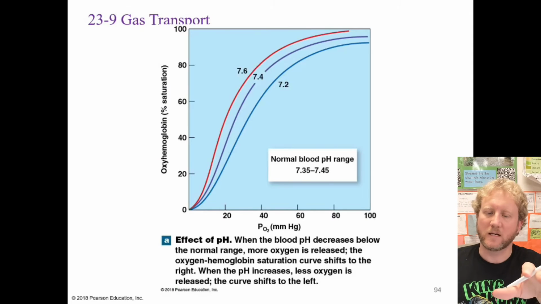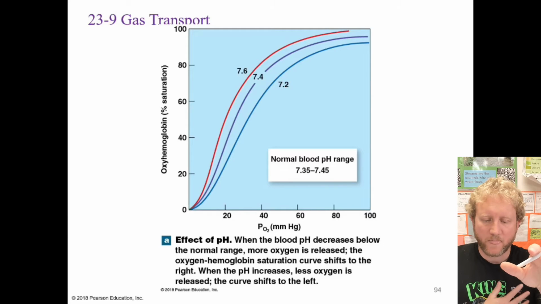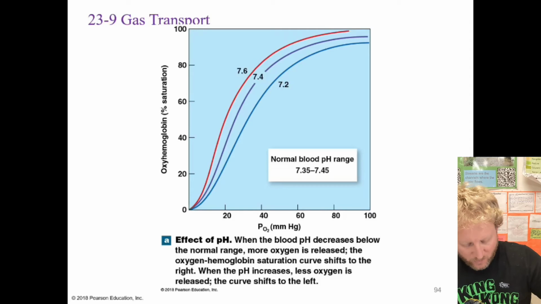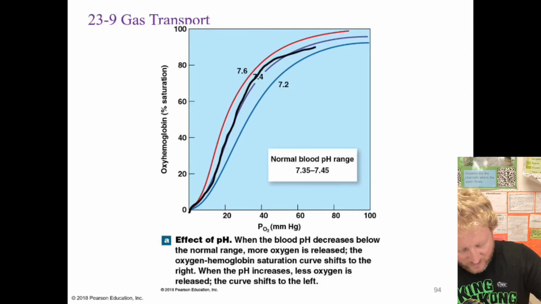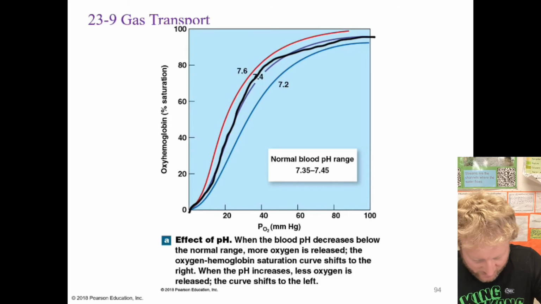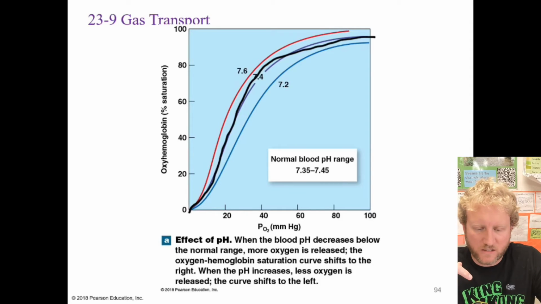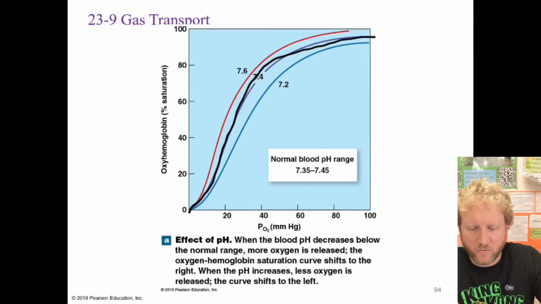And so here's what I mean by that. And shifting to the left, so the purple, this line right here, is normal pH, normal oxygen saturation. If you increase the temperature and decrease the pH, you get the blue curve.